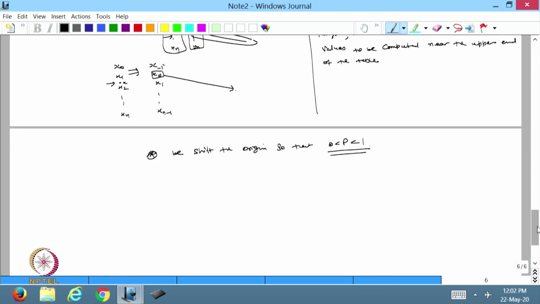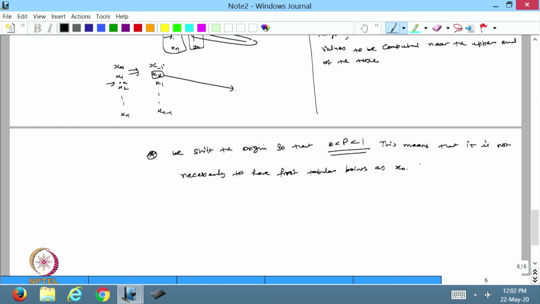So, we shift. This means that it is not necessary to have the first tabular point as x 0.